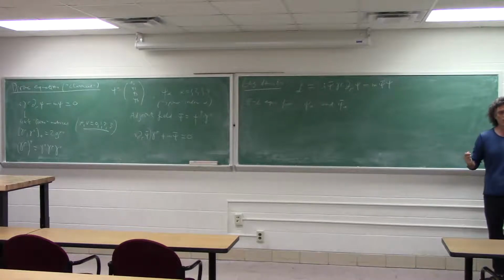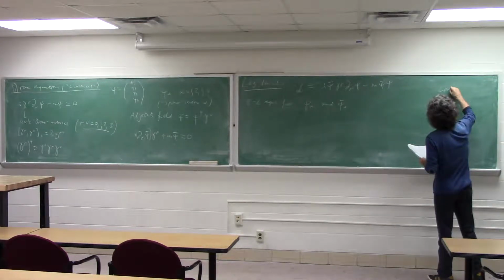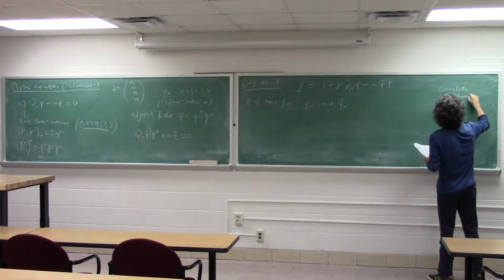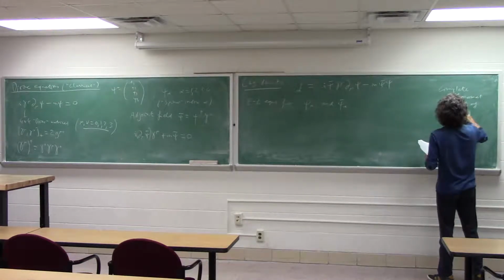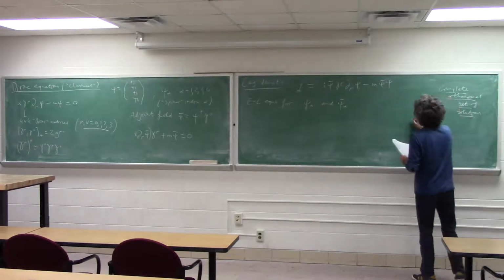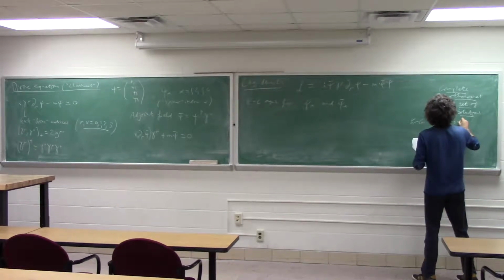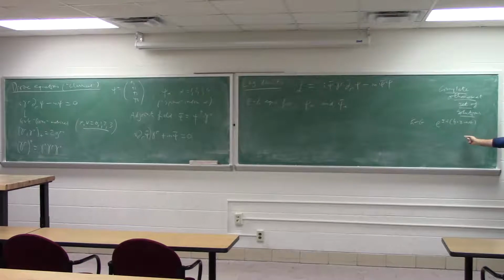You remember when we quantized the Klein-Gordon equation? The only thing we needed to know is that it had a complete orthonormal set of solutions, which for the Klein-Gordon equation was just, you just needed to know that this was a complete set of solutions.